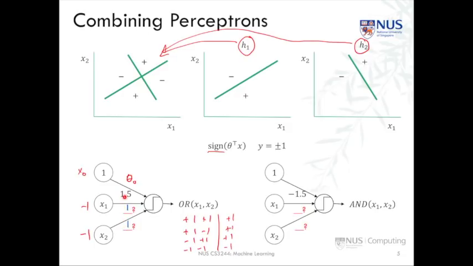We'll still get a positive value. But what happens if both of them are set as -1, as we've written here? Then we're going to get 1.5 minus 1 minus 1, and that will be -0.5. So this means that the neuron won't fire, and we've gotten it correct.